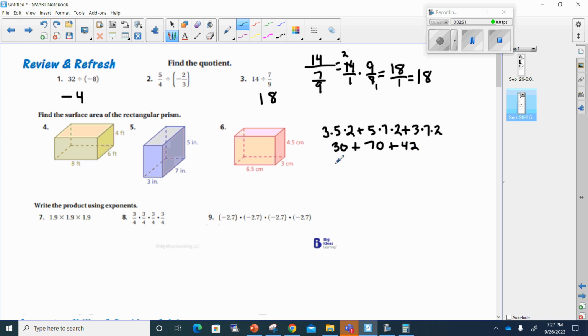Now I can add these all together. So I'm adding, this is for number 5, 30, 70, and 42. I know 30 and 70 give me 100, and 42 makes 142. I don't even need to do a lot of math there. This is 142 inches squared.